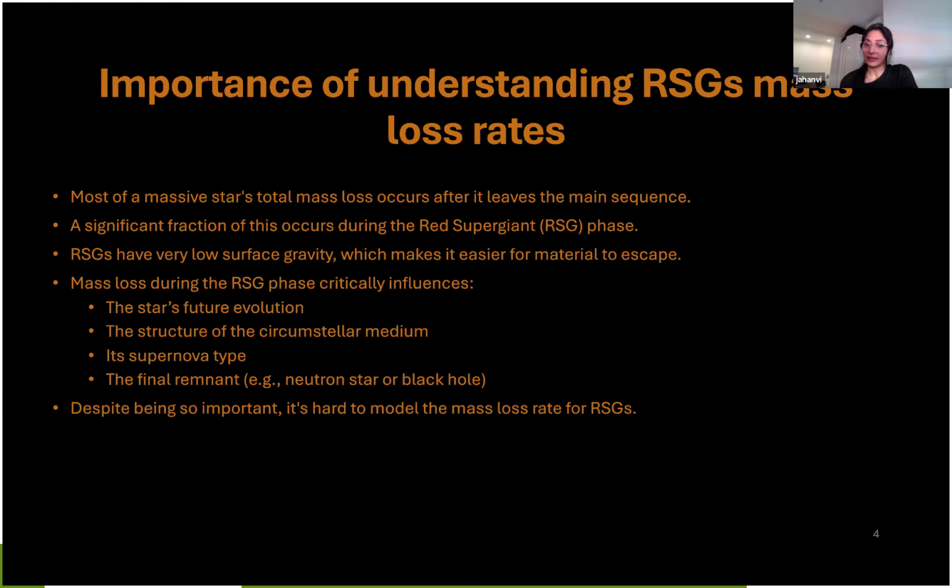And then when it ends as a supernova, some core collapse supernovae have red supergiant progenitors. The mass loss also decides what will be the final remnant that will stay after this supernova event. So despite being so important, it's very hard to model the mass loss rate for red supergiants.